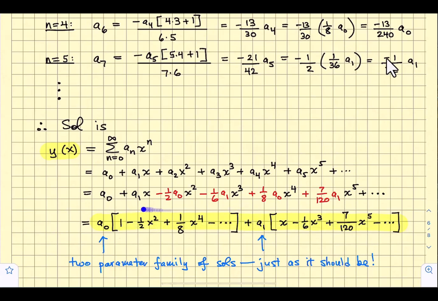Each one of these is an infinite series, a power series. And so instead of getting y of x as c1 y1 plus c2 y2, we actually did get that. Except instead of getting a C1 and a C2, we got an A0 and an A1, same concept. And instead of getting a Y1 and a Y2, we got an infinite series for Y1 and an infinite series for Y2. So this is totally consistent with everything that we've done throughout the course.